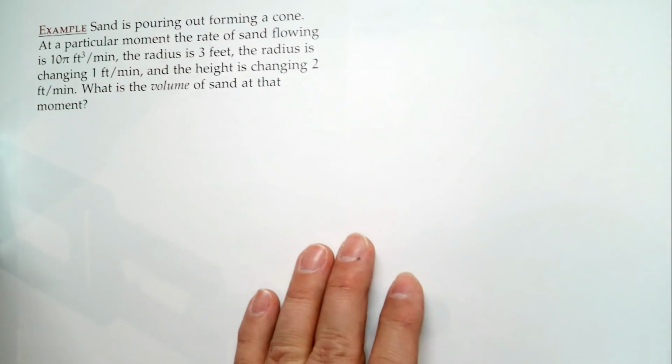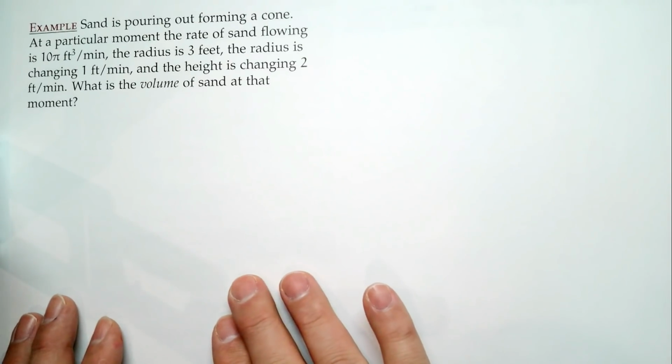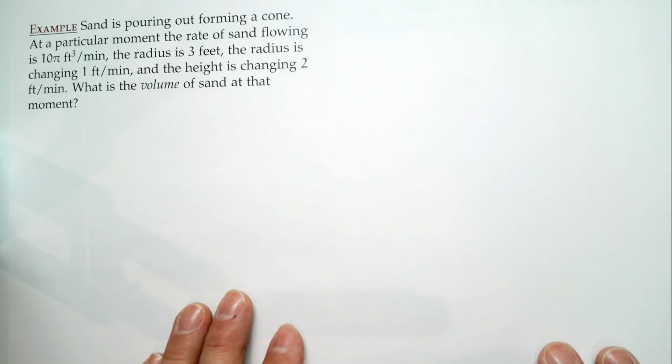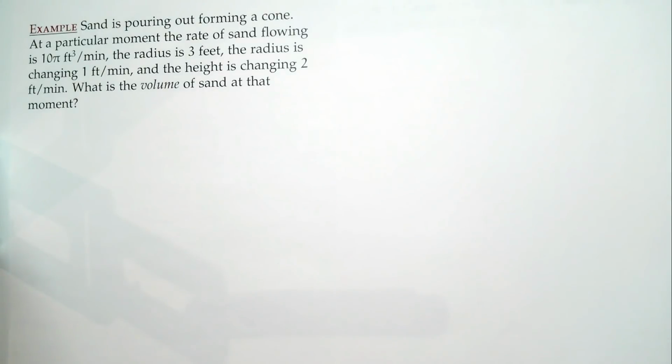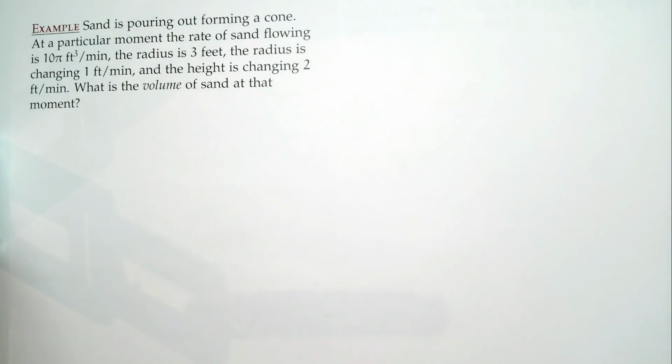All right. Time for an example. So we have the following. Sand is pouring out, forming a cone. At a particular moment, the rate of sand flowing is 10 pi cubic feet per minute. The radius is 3 feet, and the radius is changing at 1 foot per minute, and the height is changing at 2 feet per minute.